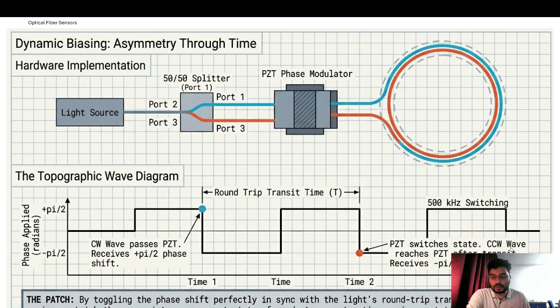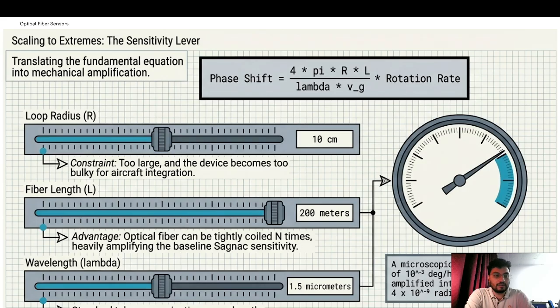The counterclockwise wave reaches the PZT after transit, and receives minus pi by 2 phase shift. So the patch here is toggling the phase shift perfectly in sync with the light's round trip transit time, engineering the wave into the permanent state of quadrature, extracting maximum rotational sensitivity.